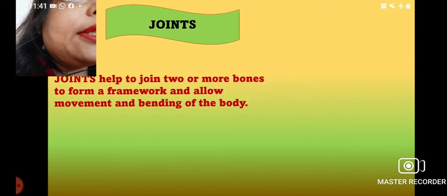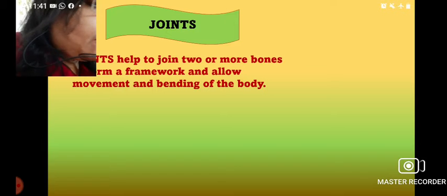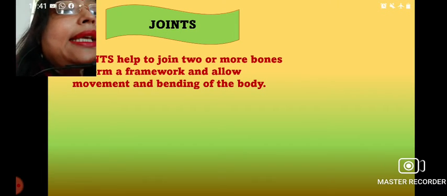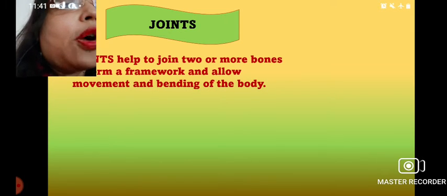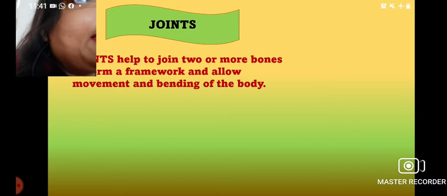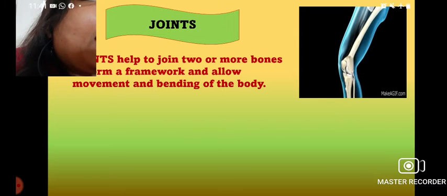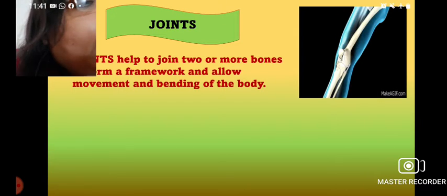Now, before going into the detailed discussion, we must know what a joint is. They help to join two or more bones to form a framework and allow the movement and bending of the body. So the movement and the bending of the body are taking place in the joints only.